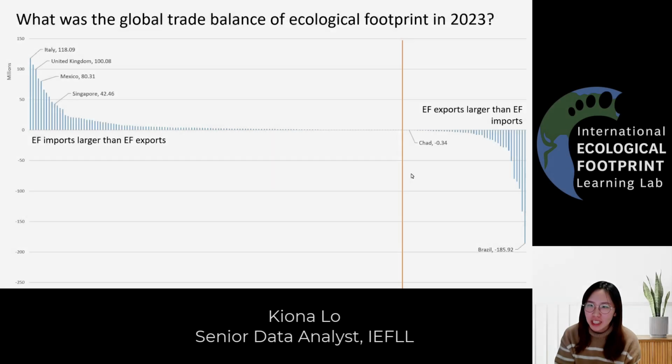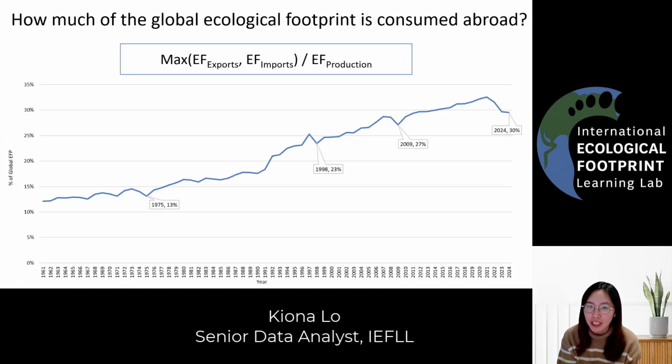Besides looking at trade using trade balance, we can also look at the relationship between trade and footprint through trade dependency. The first question we wanted to ask was, how much of the world's production is actually consumed through trade, which means it is not consumed domestically where it was produced?